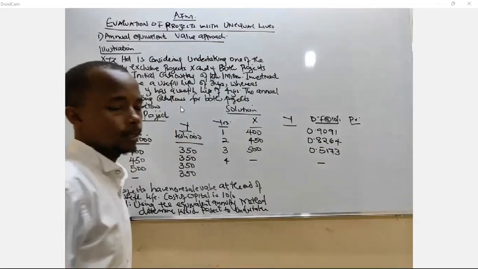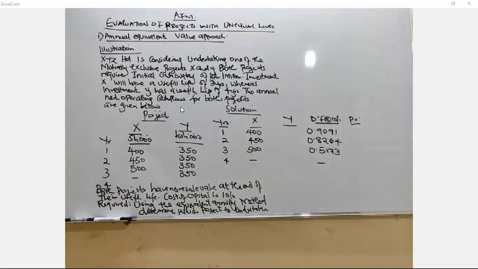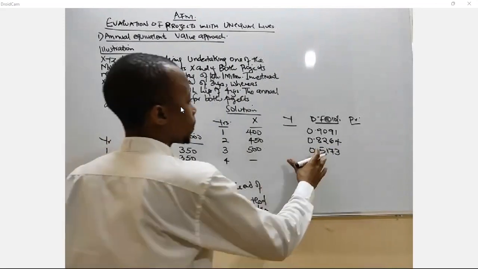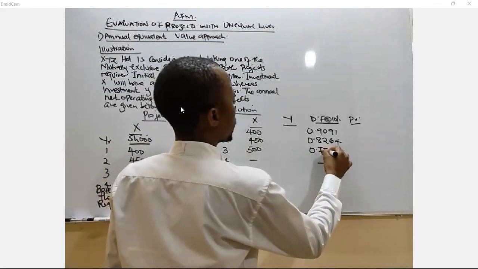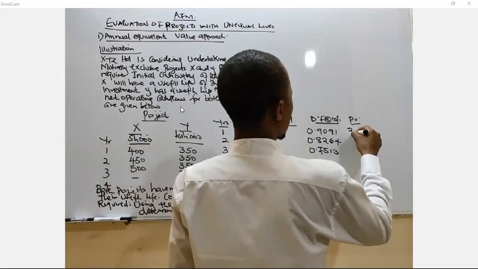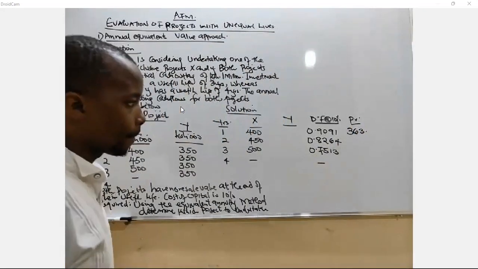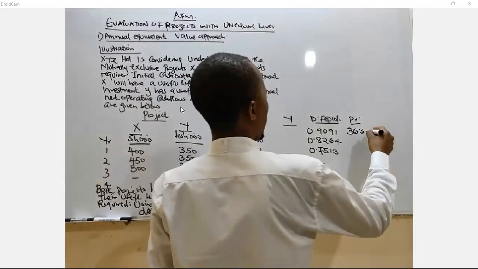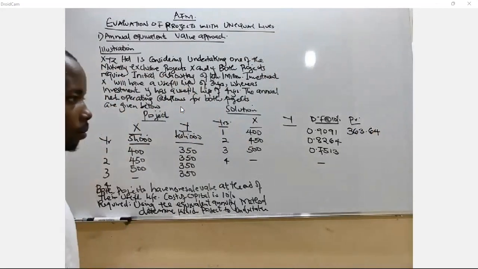Can you give me the present values? 0.75, 300, 363, 371.88.